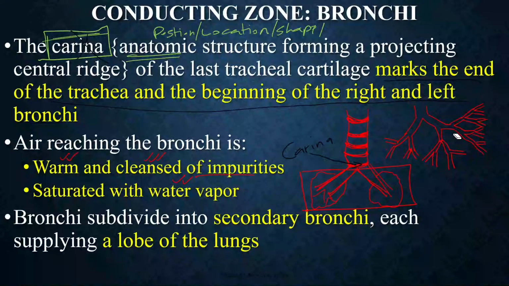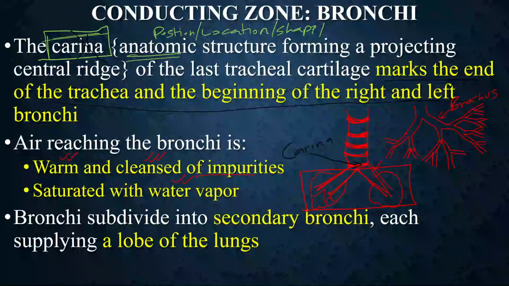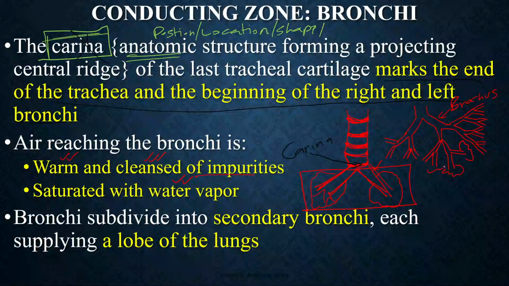So this is the bronchus. It divides into other bronchi, and they divide from primary to secondary, all the way to the tertiary bronchi. Those are the smallest ones that get attached to the air sacs.